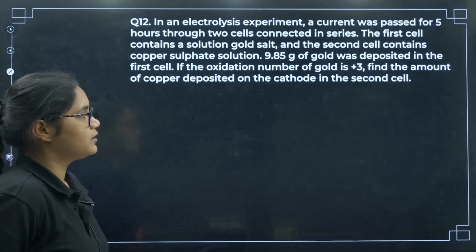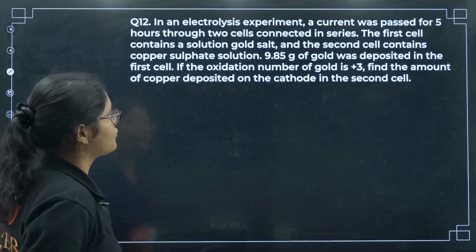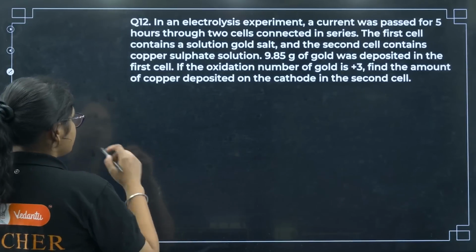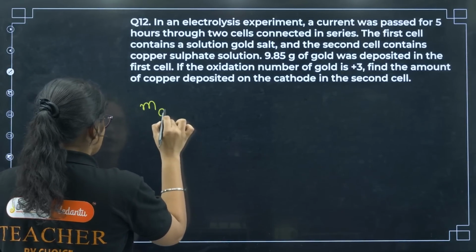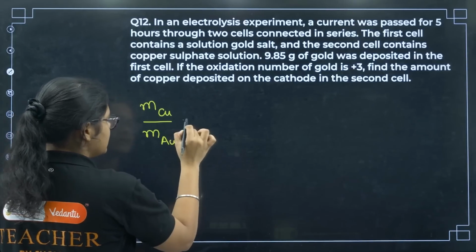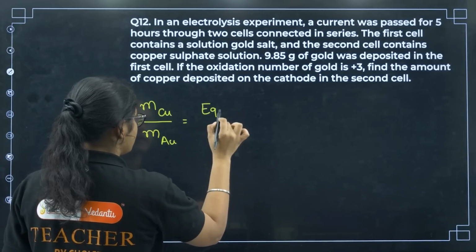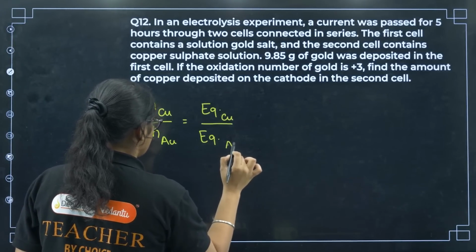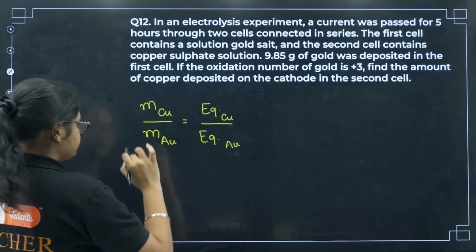If the oxidation number of gold is +3, find the amount of copper deposited on the cathode in the second cell. So we have this formula: mass of copper deposited by mass of gold deposited is equal to equivalent weight of copper by equivalent weight of gold. Clear?